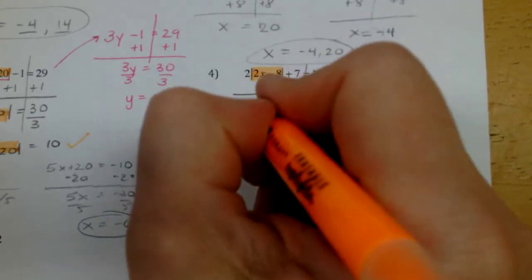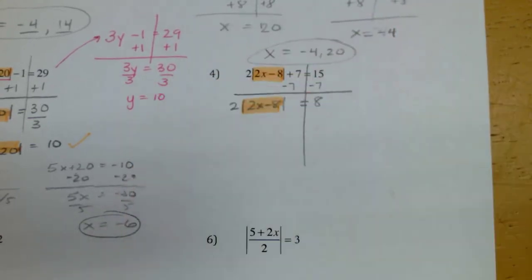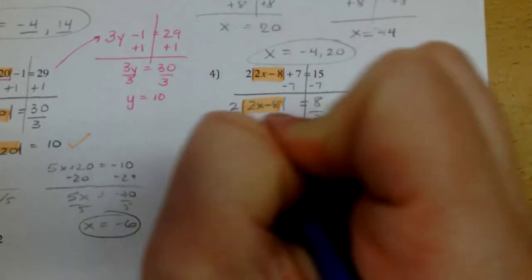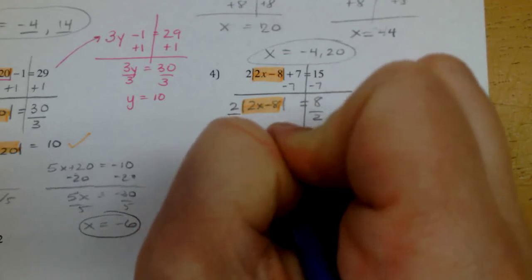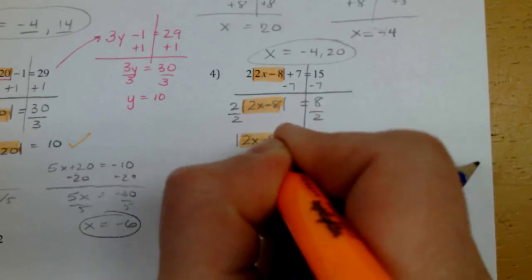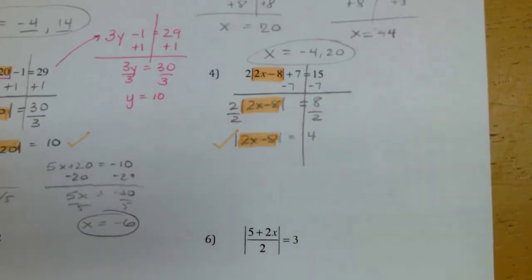Notice how, again, I still have to isolate absolute value. I'm not done with that process, so I'm going to divide both sides by 2. Now I have accomplished what I set out to. Isolated absolute value, check.